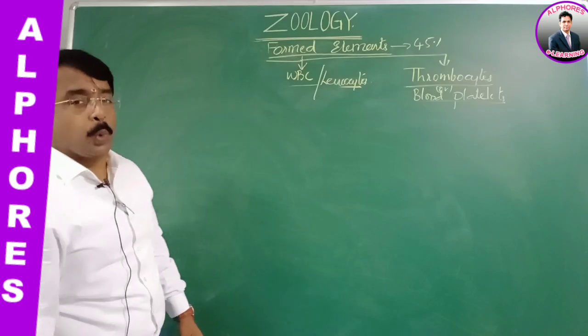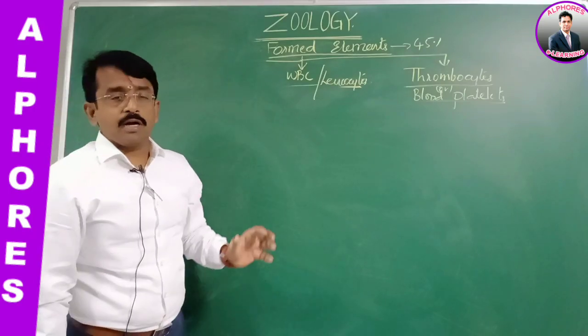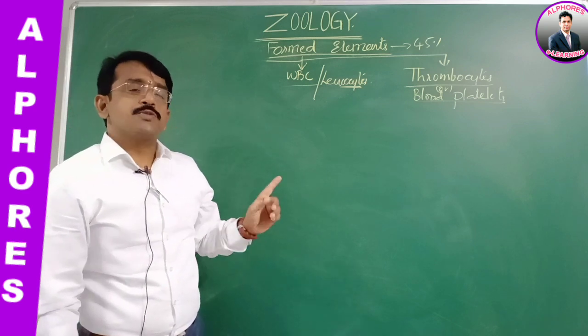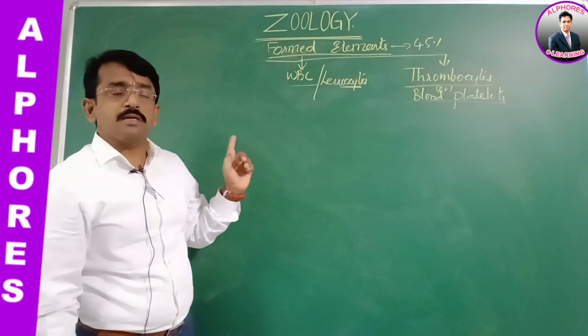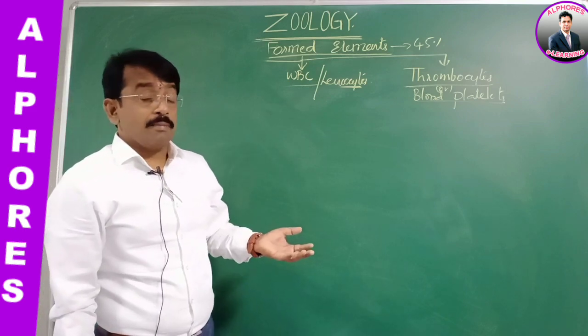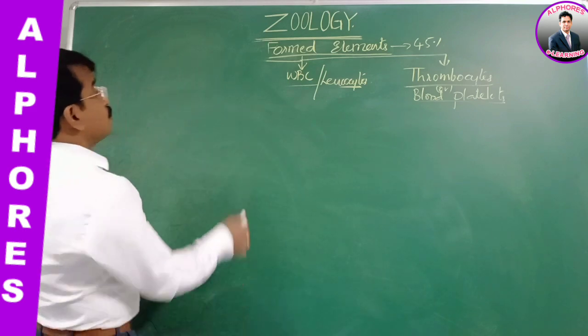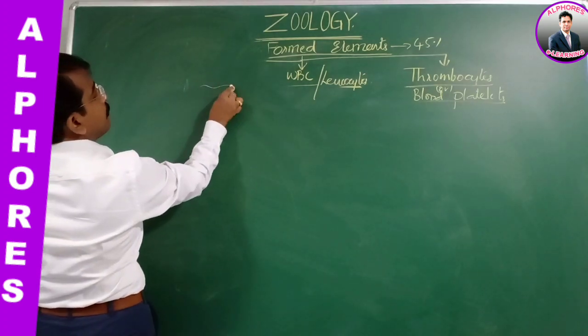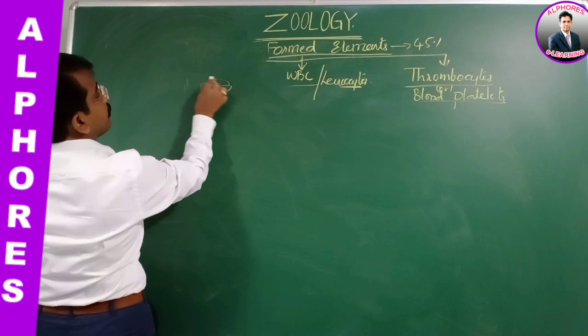Welcome to session 2. In the early embryonic stage, blood cells are formed in the yolk sac, later in the spleen and liver, and in the adult in the red bone marrow. The RBCs are arranged in a manner said to be the Rouleaux method. Look at the diagram I am drawing.